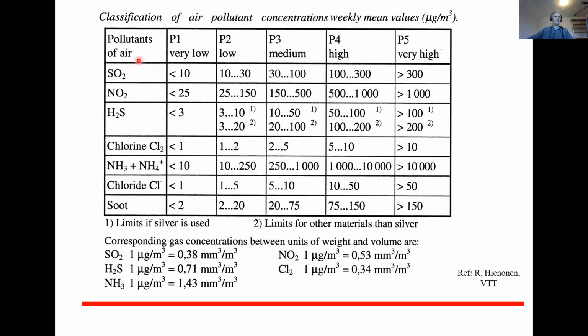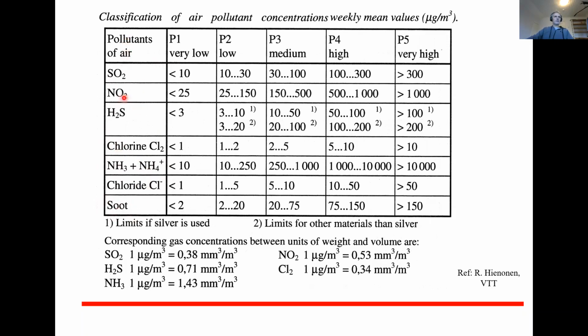So in this, again, in the left column, we have the pollutants or impurities which are typically in the air and have high effect on, for example, the corrosion reactions for typical metals used in electronics. So we have sulfur dioxide, nitrogen dioxide, hydrogen sulfide, chlorine gas, then ammonium and ammonia ions, chloride ions, and soot.